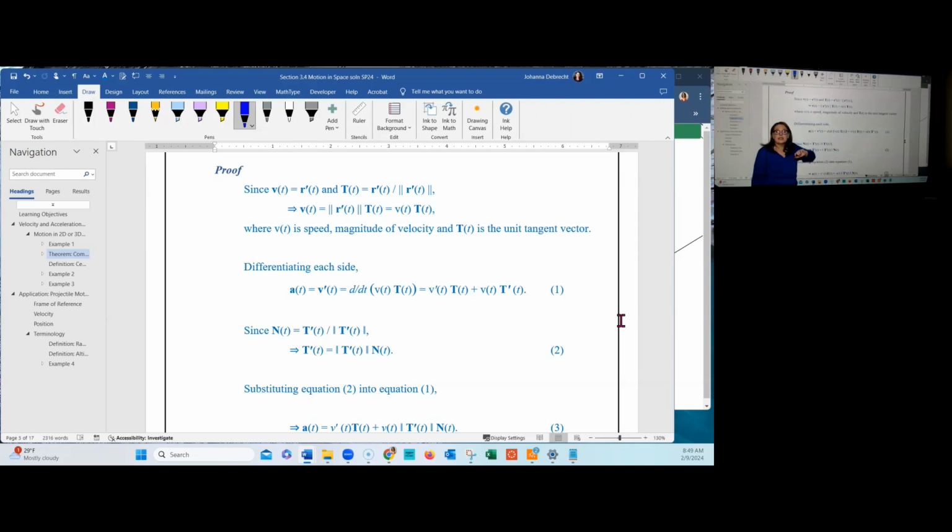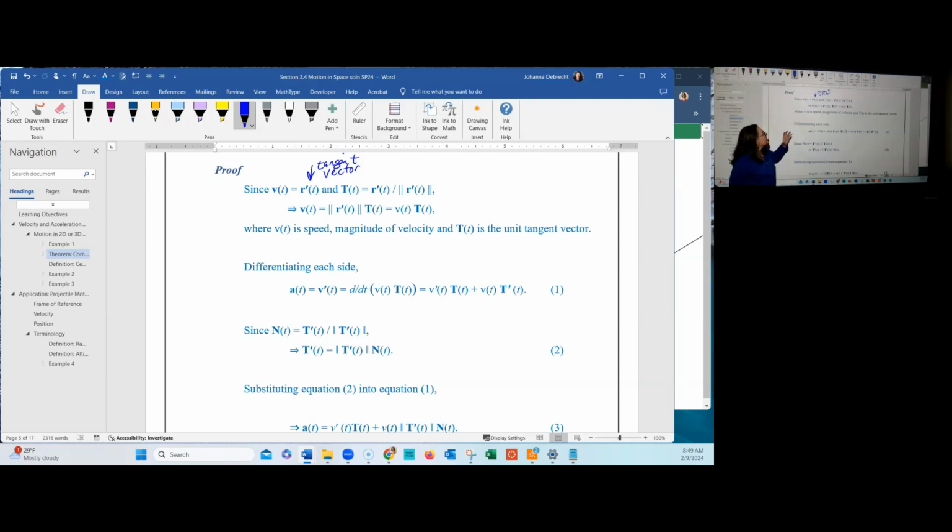R prime of t is the tangent vector. So this right here is the tangent vector. It's just not necessarily 1 unit long. To force it to be 1 unit long, we divide it by its magnitude. So the unit tangent vector is r prime of t divided by the magnitude of r prime of t.